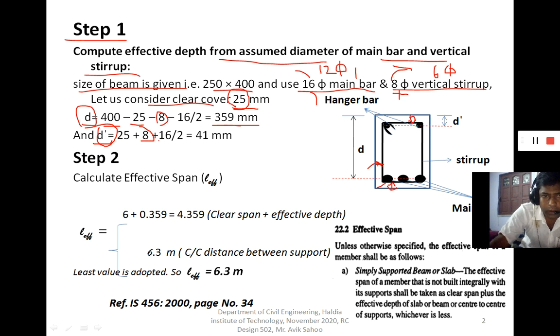So that's why the half of main compressive bar. Both tensile bar and compressive bar diameter is 16 mm, that we have assumed. So the effective compressive depth is 41 mm, effective tensile depth, that is 359 mm.